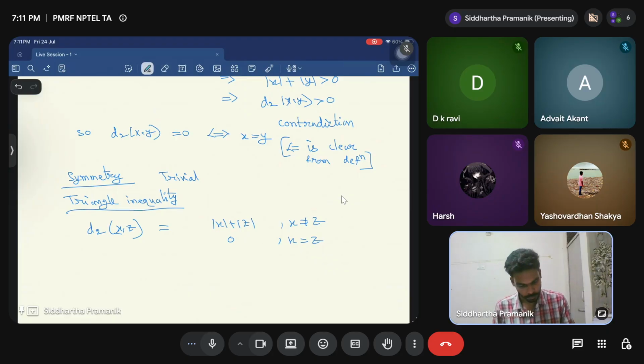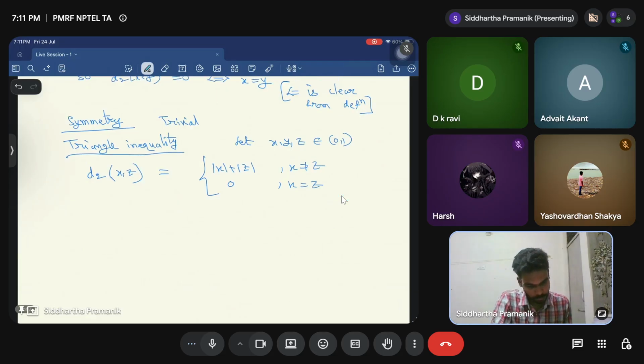Okay, so we are taking 3 points, x comma y comma z belongs to open interval 0 1. So how to prove this? So I think we need to put it in separate cases.